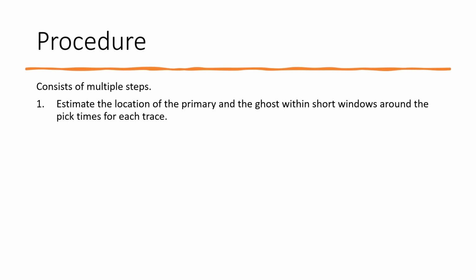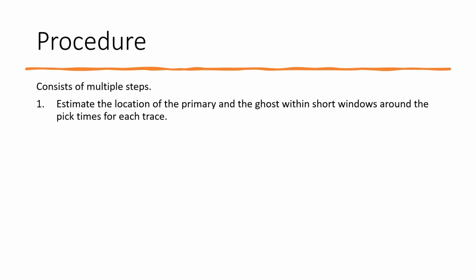Well, in this case, we're getting a nice clear image of the arrivals, which means the estimation process produces the delay time and an estimate for the spectra of the wavelet.